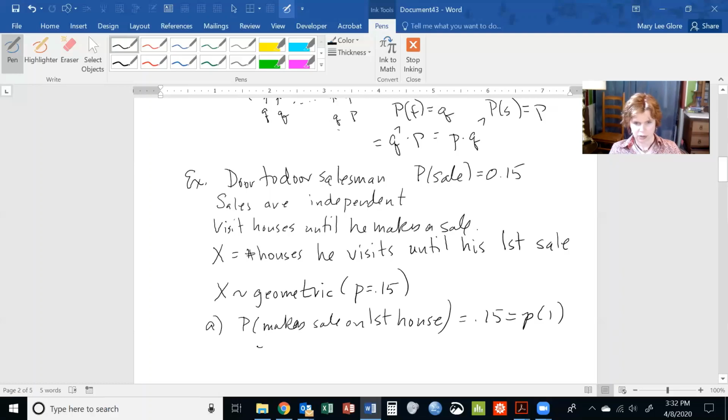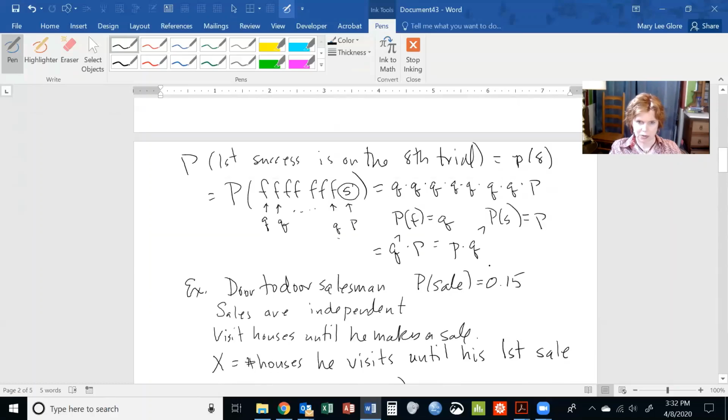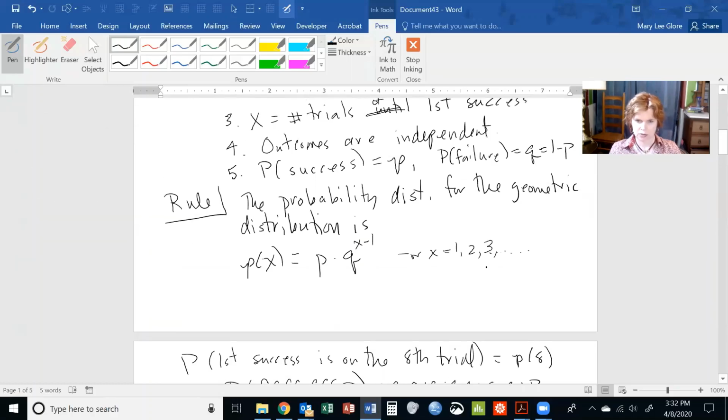So P of 1 in general is just P. That fits with my rule, because P of 1 equals P times Q to the 1 minus 1, and Q to the 0 is 1, so P of 1 equals P.